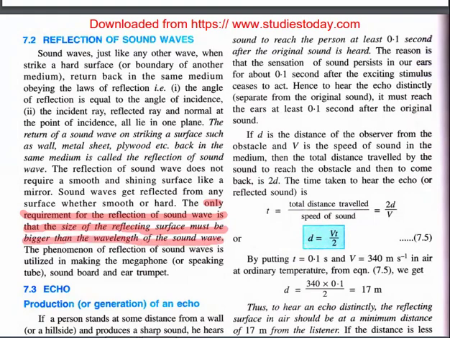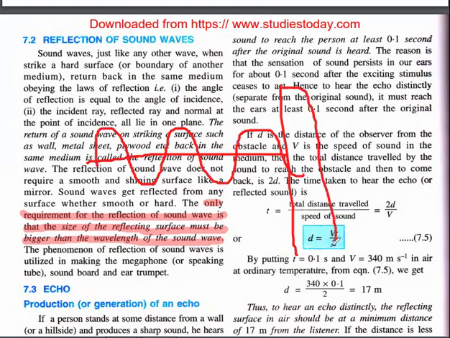So if the wall is so tiny and the waves are like this, there's no reflection of sound taking place because the wavelength is more than the reflecting surface. So it should be like this, just that the reflecting surface should be more than the wavelength, right? That's it.